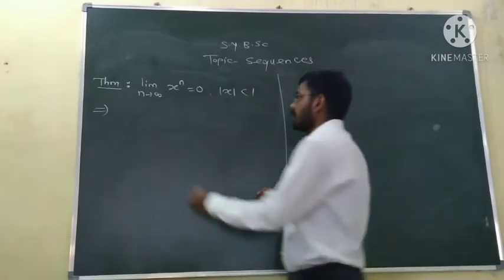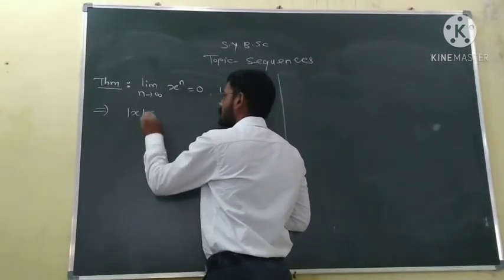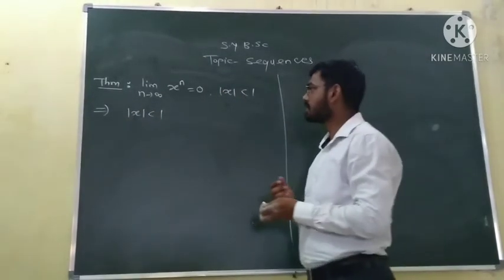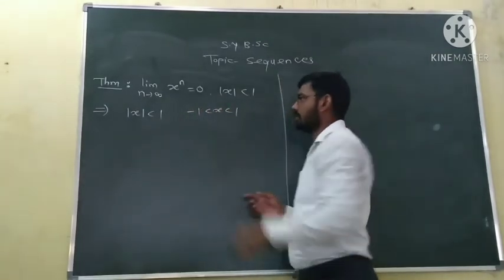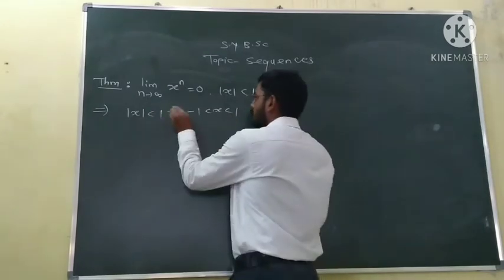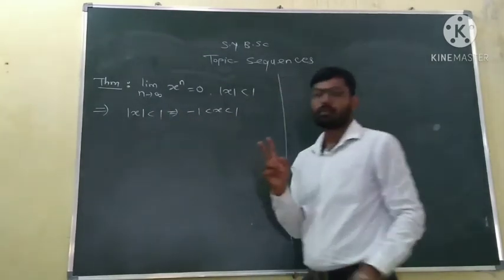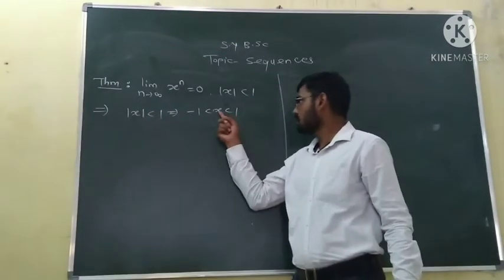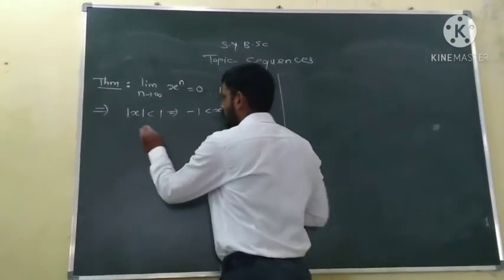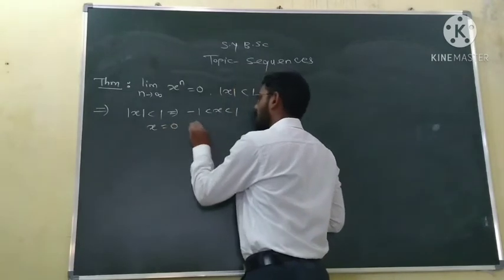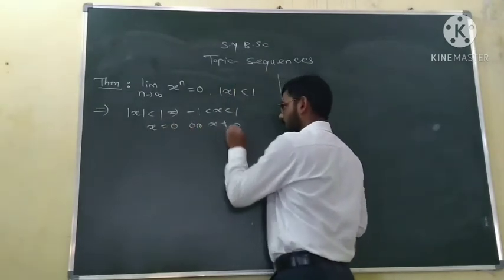Now since mod of x is less than 1, we can write minus 1 is less than x less than 1. So we have two options. Since 0 lies between minus 1 and plus 1, either x is equal to 0 or x is not equal to 0.